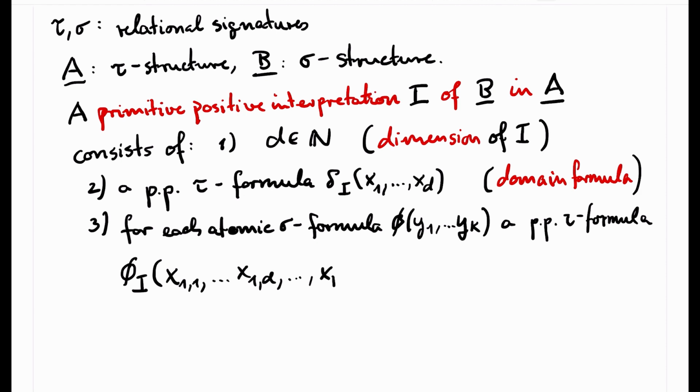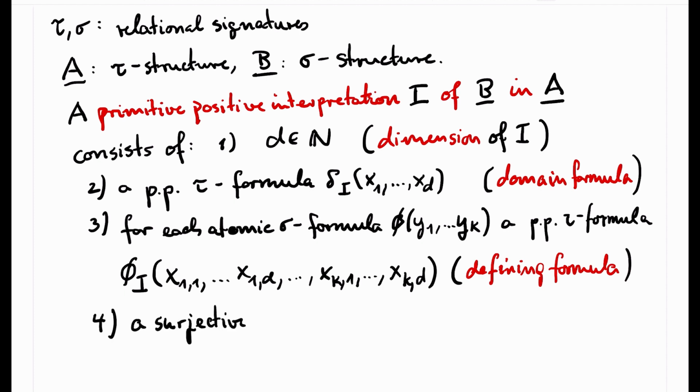The reason is that each element of B is simulated by d elements of A. So if we have k variables over B, we need d times k variables over A. These formulas are called defining formulas. In our example, we had two ternary relations, one for addition over Q and one for multiplication over Q, and the dimension was 2. And indeed, the formulas that I underlined in green in the example had d times k equals 6 free variables.